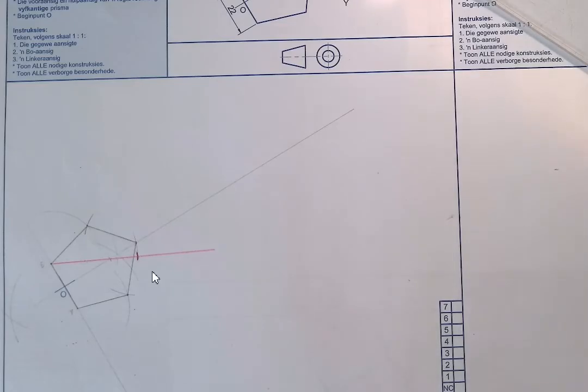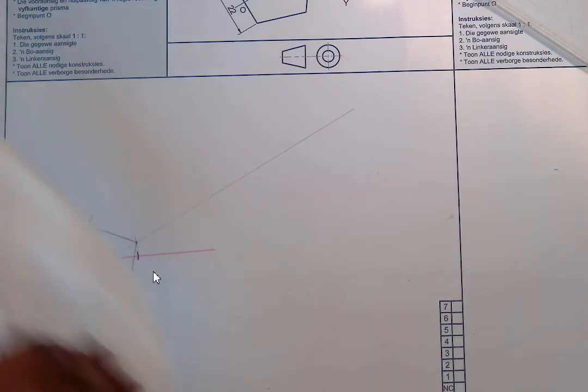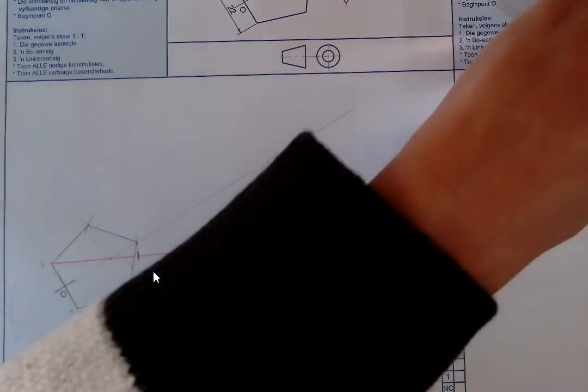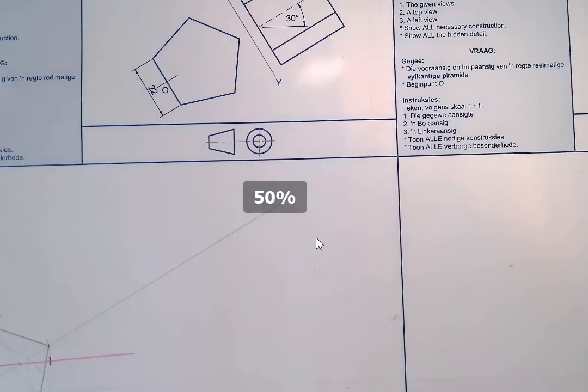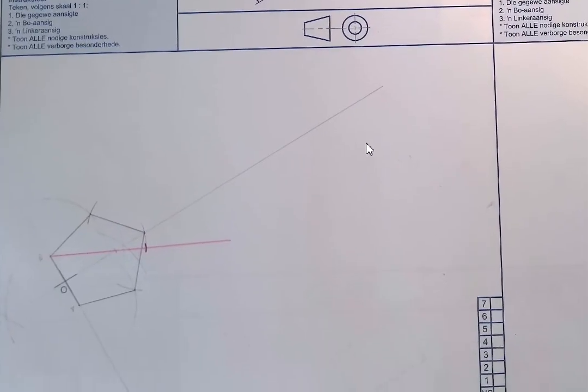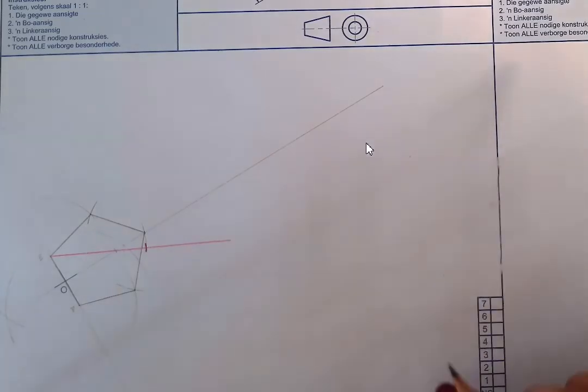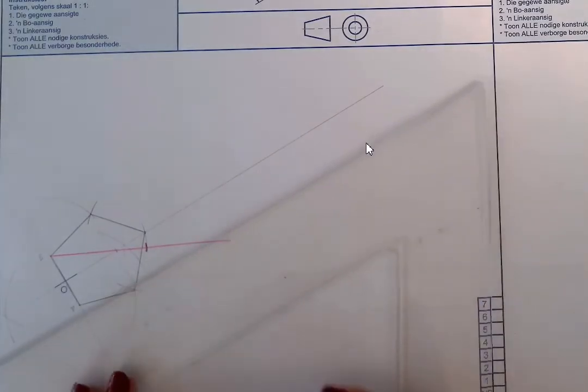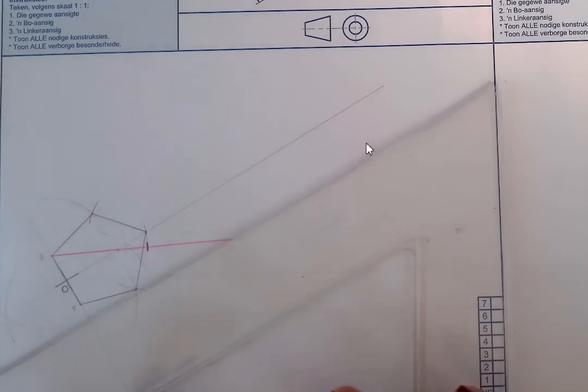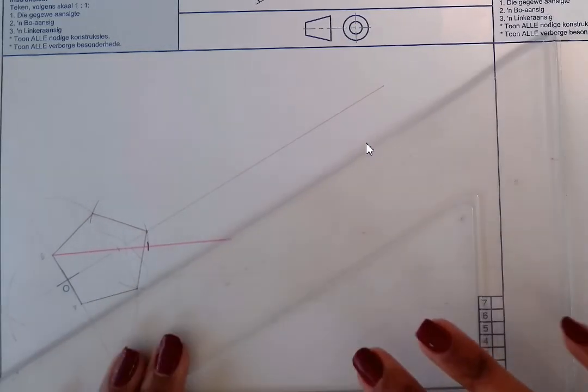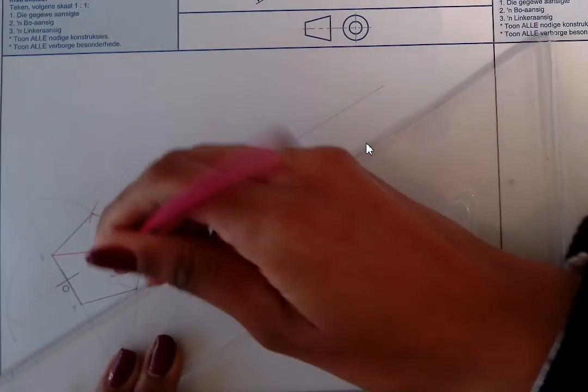We can now project all our points at a 30-degree angle. Just zoom in a little. So we will project this one at 30 degrees.